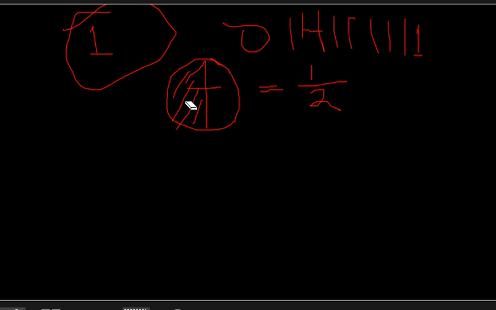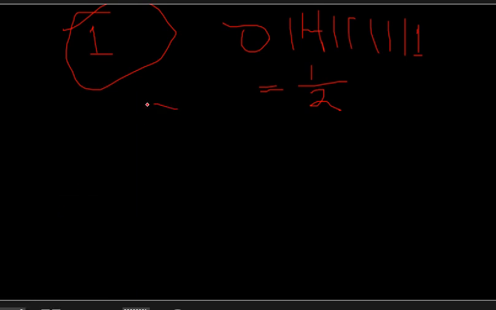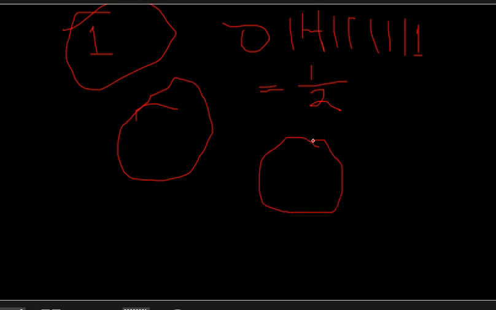Now, let's imagine we divide this circle into 4 equal parts, and we shade only one part.